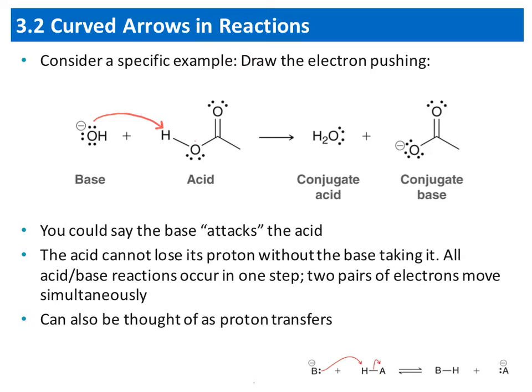And now these bonding electrons right here move to the next atom. So this is how we draw the electron transfer, the electron flow in this mechanism. If you look here, the base accepts the proton and forms water, our conjugate acid. The acid loses the proton to form this anion, our conjugate base.